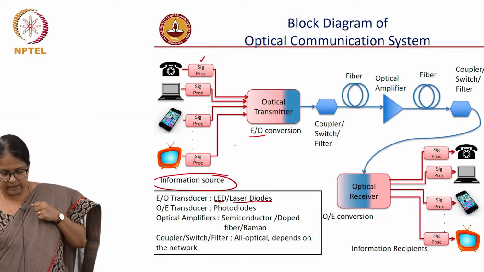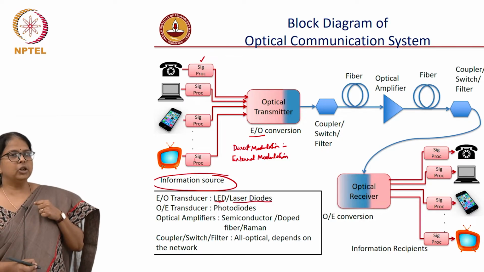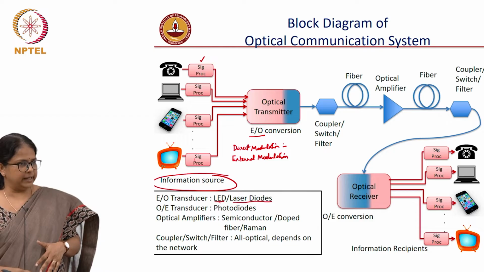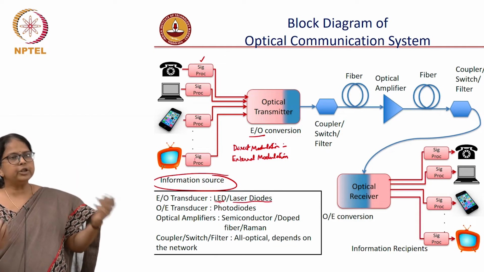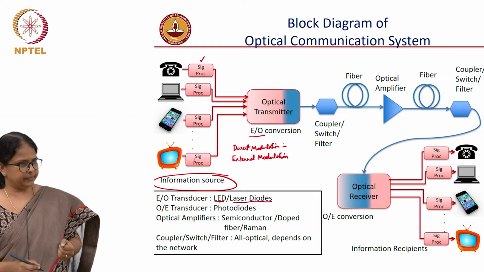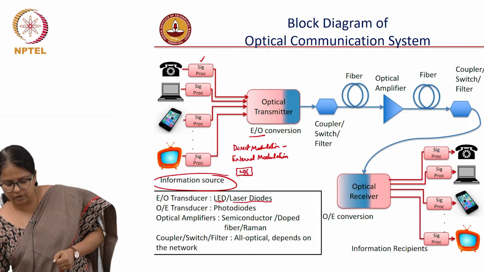and you could use direct modulation or you could use external modulation. Direct modulation would mean that you are turning the LED on and off by changing its current high and low. But if you want to introduce a phase, that may not work. So in that case, you need to take a laser diode or an LED and take it through an external device which is a modulator.